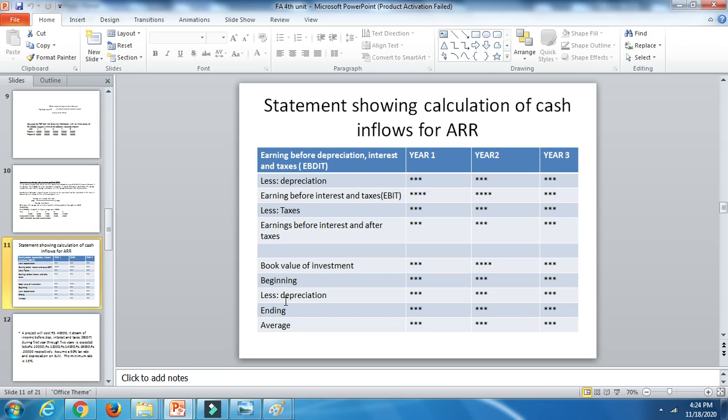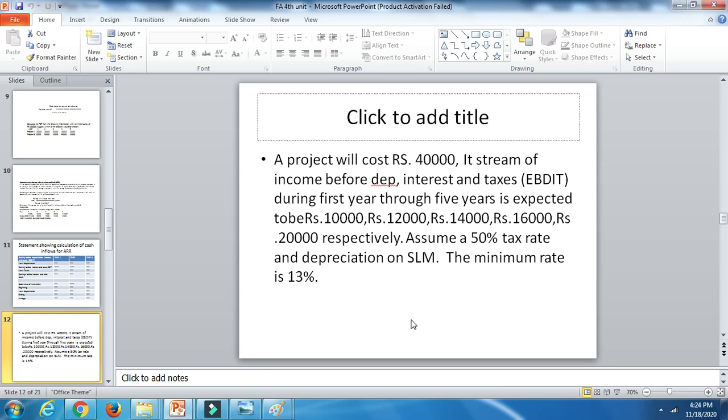If anything has been given in the question, cost and all, you need to take that. Beginning of the year, if any depreciation is there, you need to deduct that also. Then ending and average. For the average, you add the beginning and ending and divide by 2, last year's and current year's. Let us do a problem, you will understand it better.